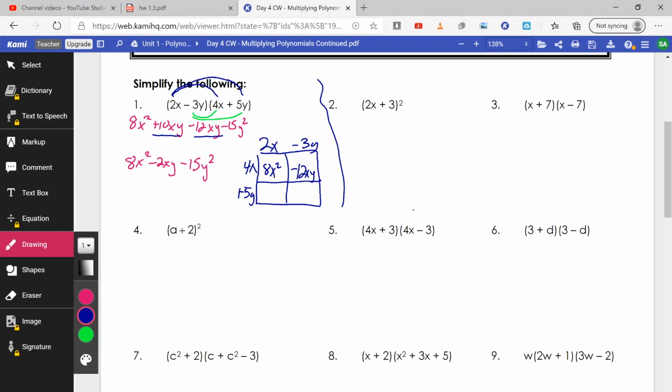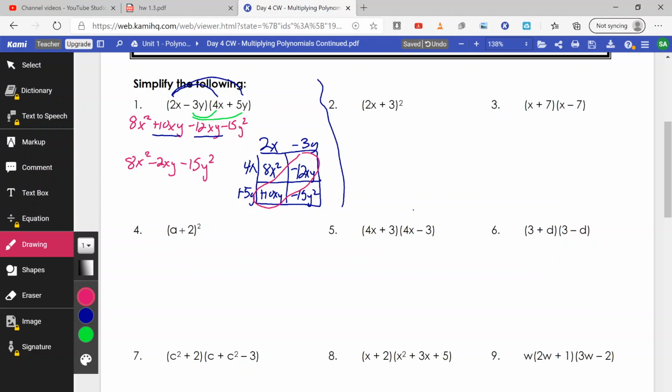I got 5y times 2x, so plus 10xy. And then 5y times negative 3y, minus 15y squared. Because we have the xy in the middle here, we can combine them, and I'm going to end up with the 8x squared minus 2xy minus 15y squared.